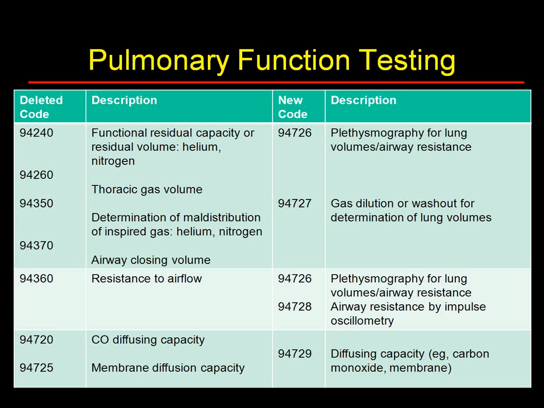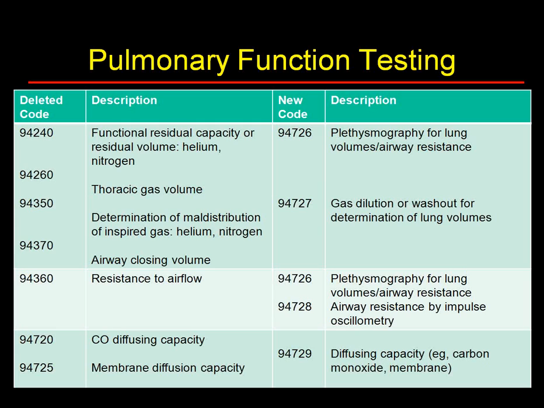So with the deletion of the 94360, we still needed to account for the opportunity to measure airway resistance using an oscillometric technique, recognizing that there were several techniques, the most common of which is, of course, impulse oscillometry. But there are other oscillometric methods of determining airway resistance. To accommodate that possibility, we have the 94728 airway resistance by impulse oscillometry.